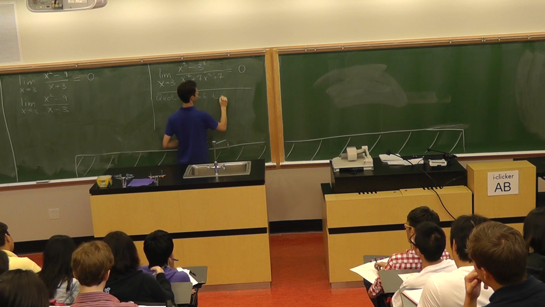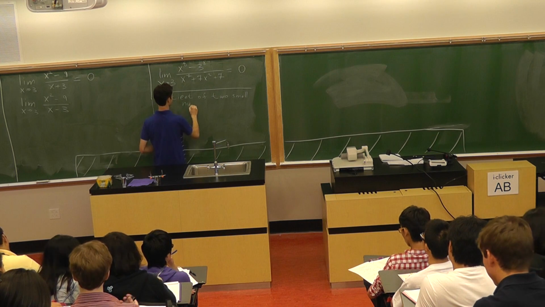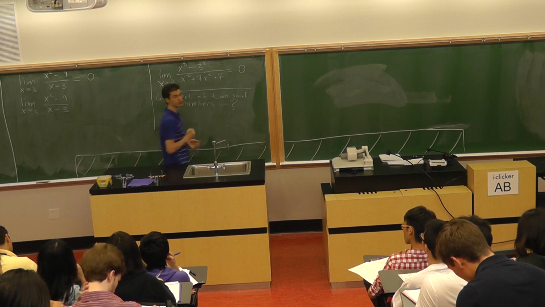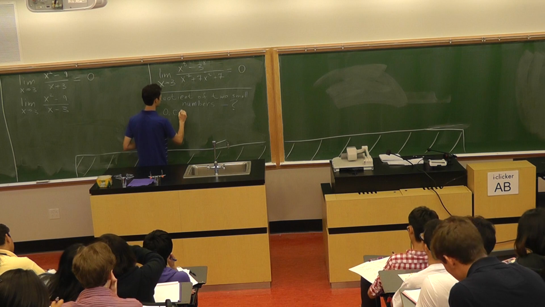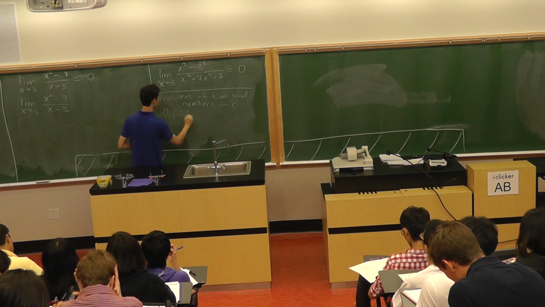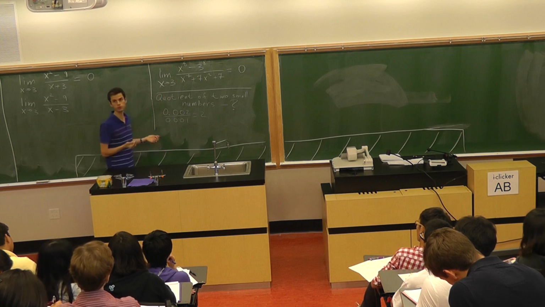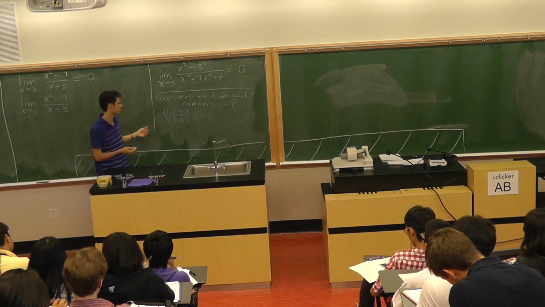The quotient of small numbers, we really don't know what it is. You can take, say, one small number like 0.002, another one 0.001, and get a quotient of 2. But you can take other very small numbers and get drastically different results.